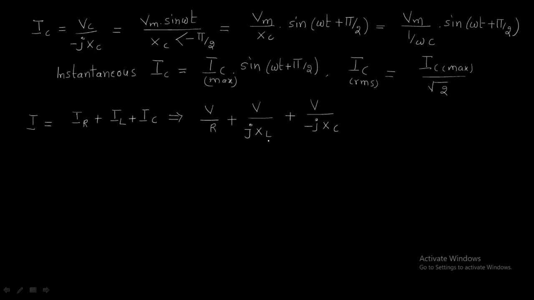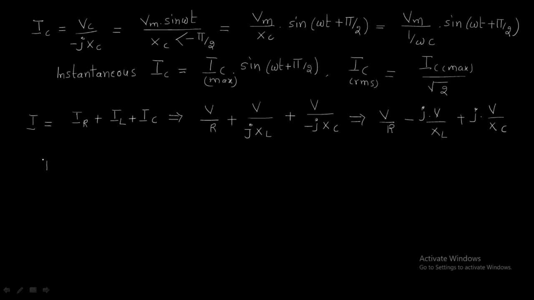So if you modify this, and again we write V by R, and if plus j is there, it will become minus jV by XL and plus jV by XC. So finally we can write the current value like this.